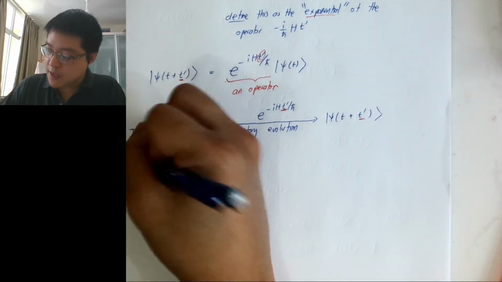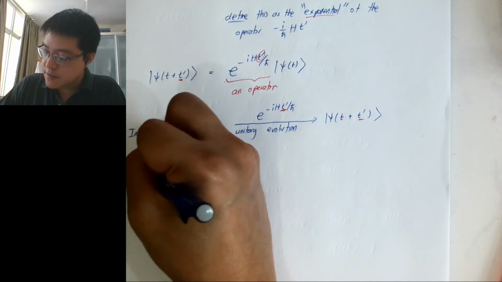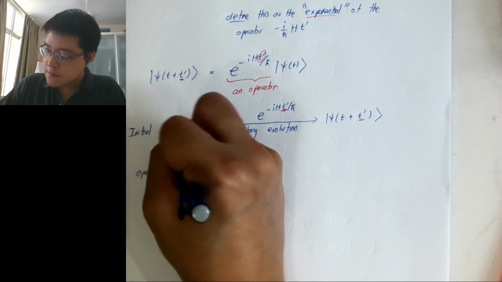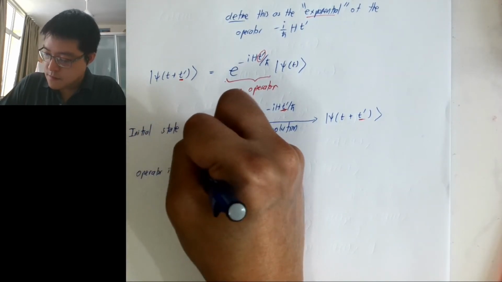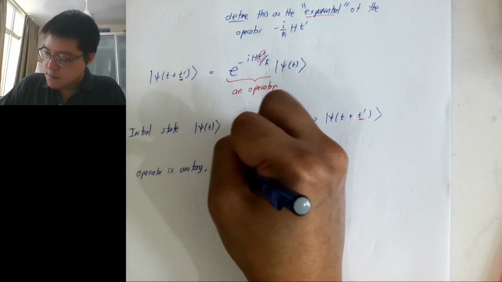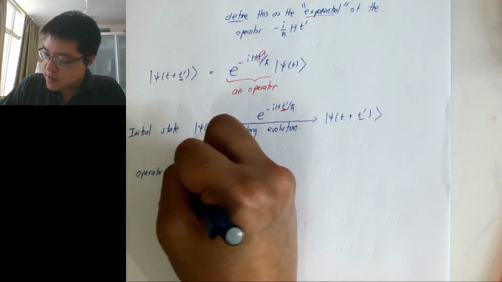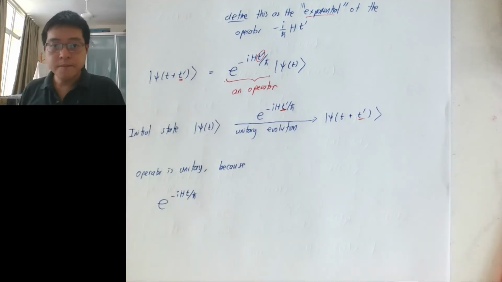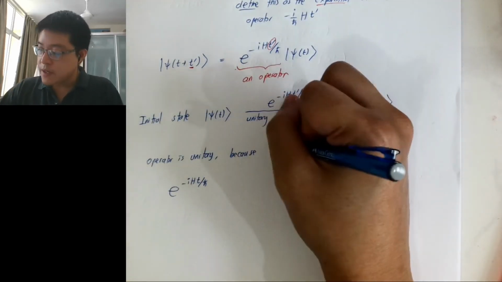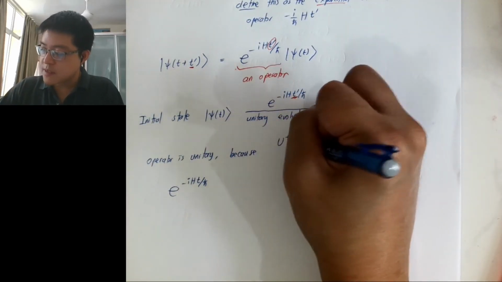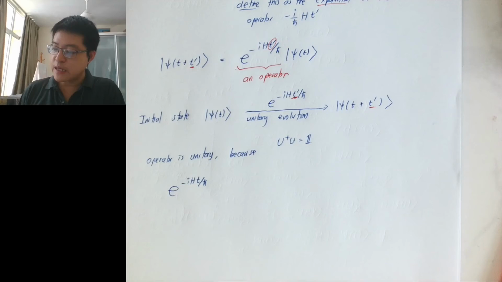The reason is because the operator is unitary. If I take e to the minus i H t over h bar, unitary means the operator's dagger times U is the identity, right?